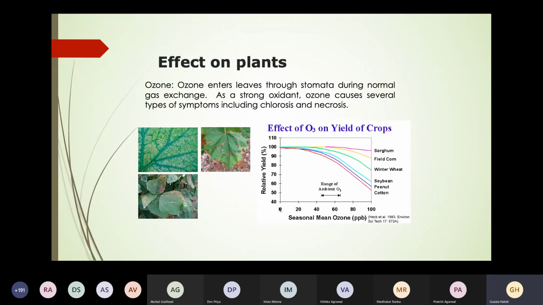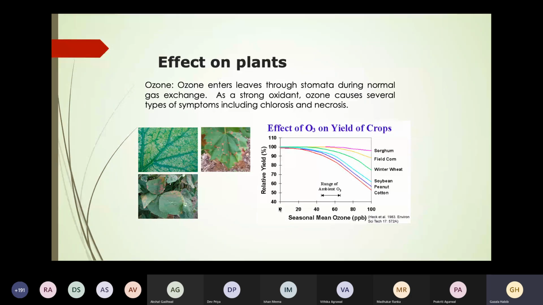For example, there is no reaction with CO2, but it's a very long lived greenhouse gas. It remains in the atmosphere for a long time, while there are short lived gases like NOx, sulfur dioxide, etc., which go through various chemical reactions to form other compounds.